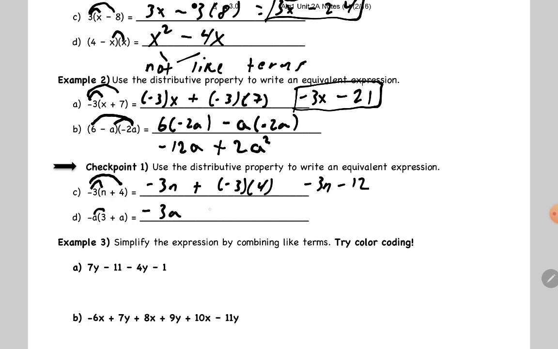Negative 3a plus negative a times a, which is negative 3a minus a squared, because negative a times a is negative a squared.